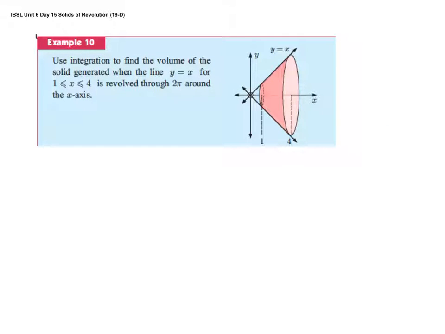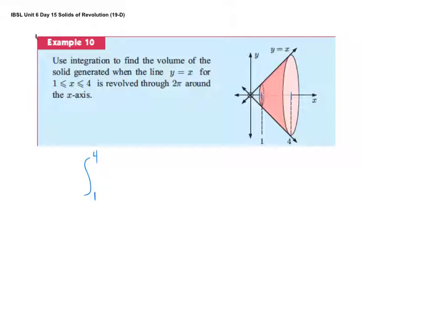So let's actually try this one. Here's the volume of a solid, and we start out with kind of an easy function. Our function is just the line y equals x, and we're going to generate this when x goes from 1 to 4. Okay? So we have here the integral from 1 to 4, so our lower bound is 1, our upper bound is 4.